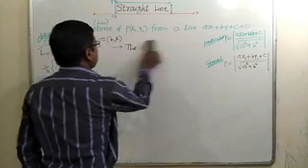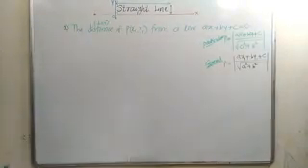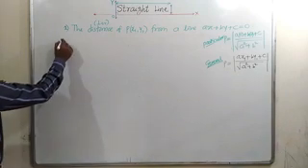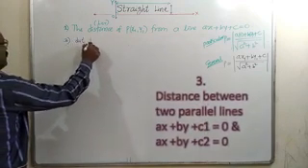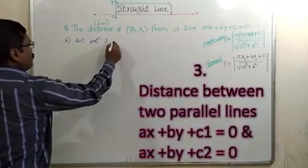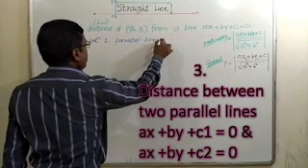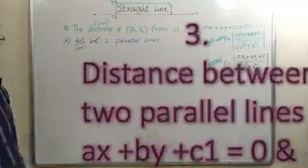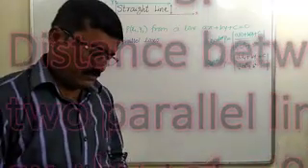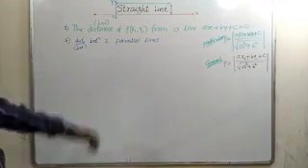It is again an interesting article. Let us see that third article, that is the distance between two parallel lines. Obviously this distance is nothing but the perpendicular distance, because distance is always perpendicular, otherwise it will be the distance between any two points. So let us consider now two parallel lines.